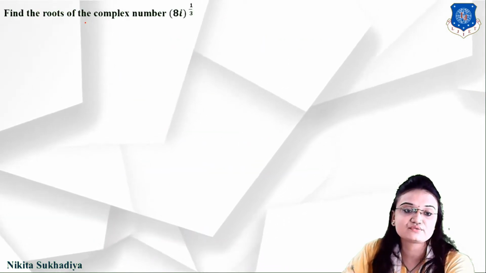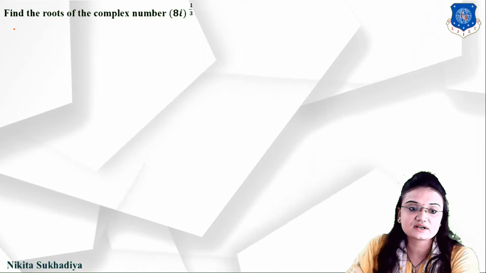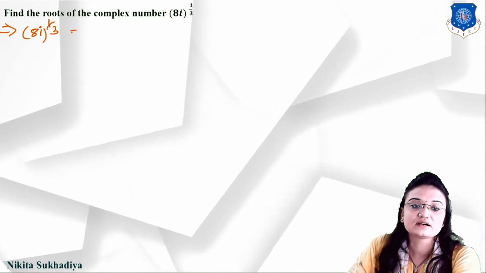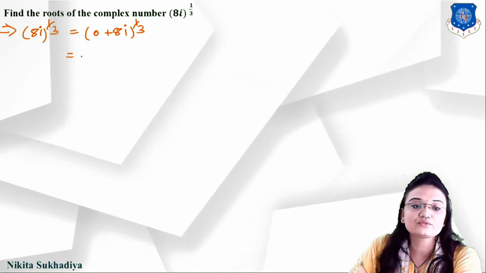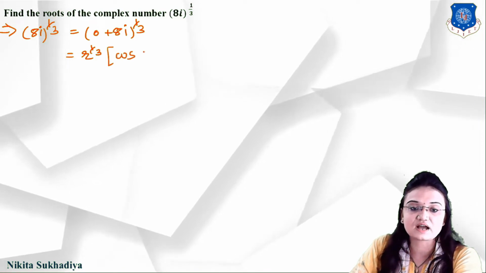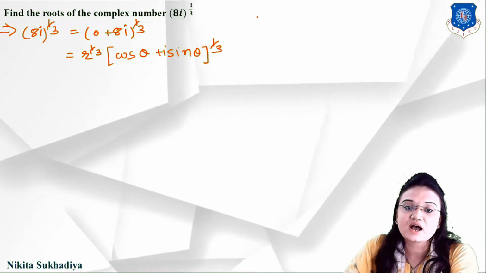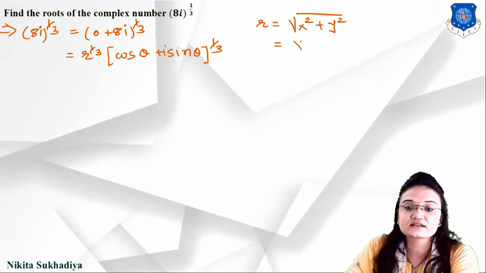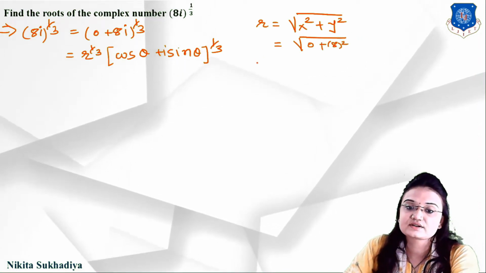For example, find the roots of the complex number 8i raised to 1 by 3. Here you can clearly see that our complex number 8i is 0 plus 8i. The polar form is r raised to 1 by 3, (cos theta plus i sin theta) raised to 1 by 3. r is the square root of x square plus y square; here x is 0 and y is 8, so r is 8.